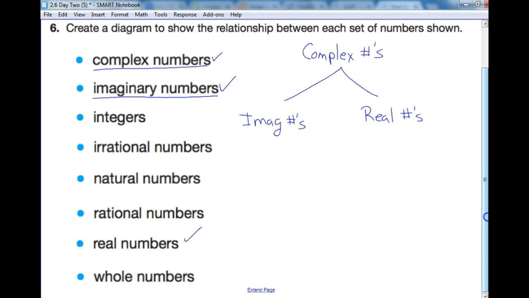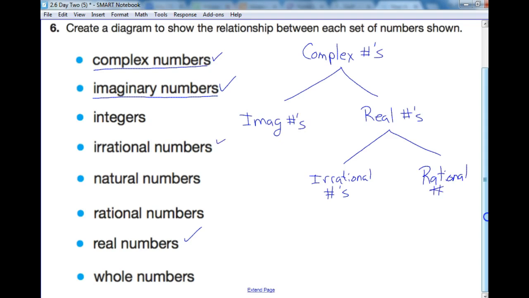What are my two categories underneath real numbers? Rational and irrational. Thank you. Awesome. So we have irrational numbers, and we have rational numbers.